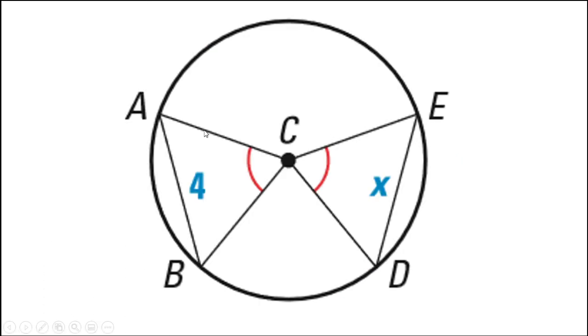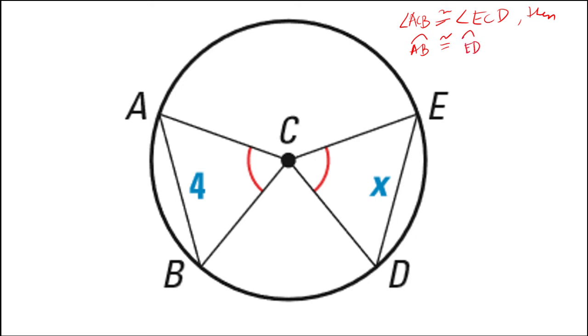Next, how about this? If the central angles are congruent, say angle ACB is congruent to angle ECD, then we can say that arc AB is also congruent to arc ED.